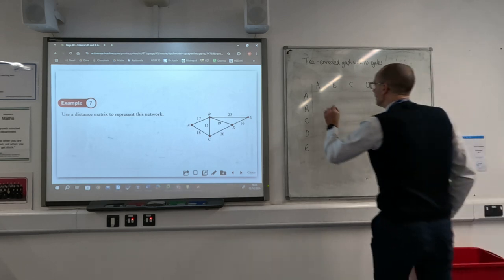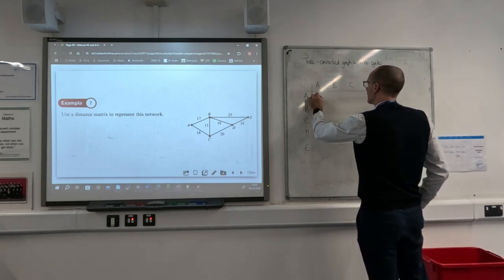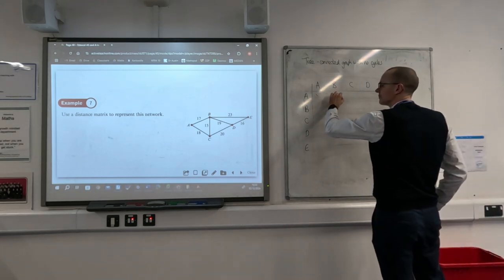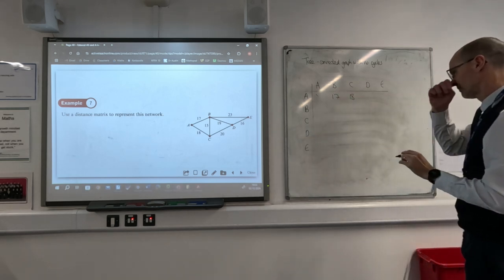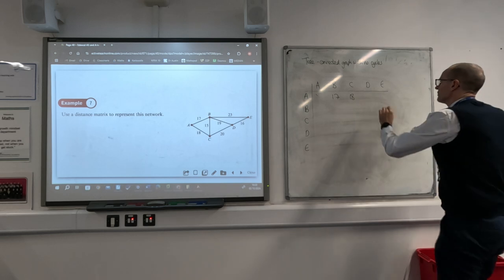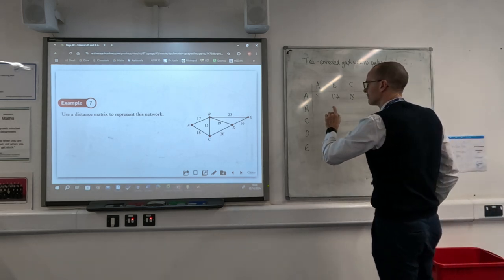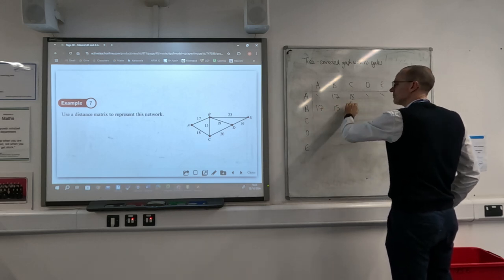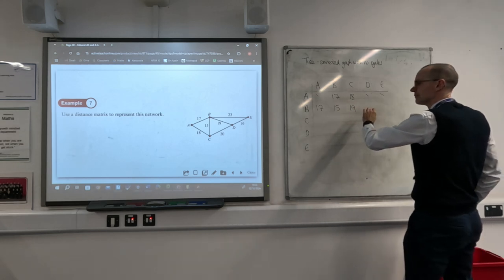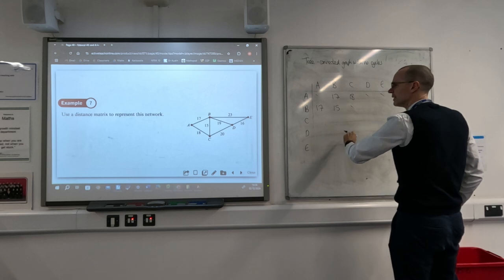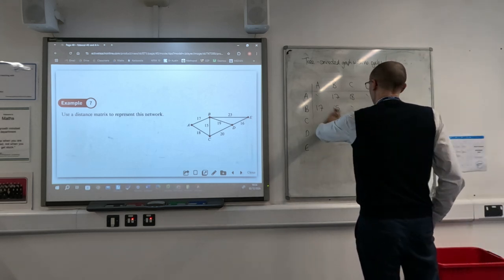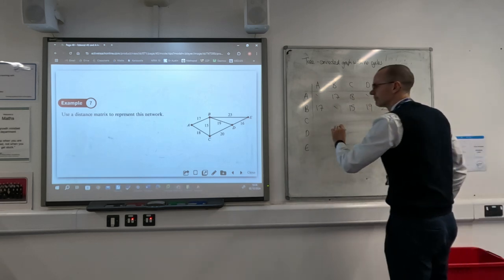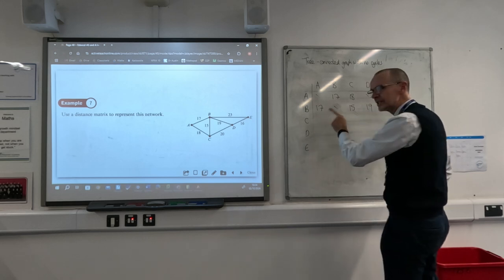And they do put dashes here with a distance matrix. So A to A, I suppose you could put the 0, couldn't you? Of course, each distance will appear twice, won't it?